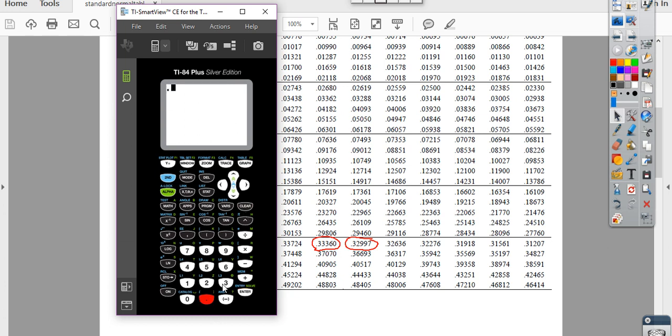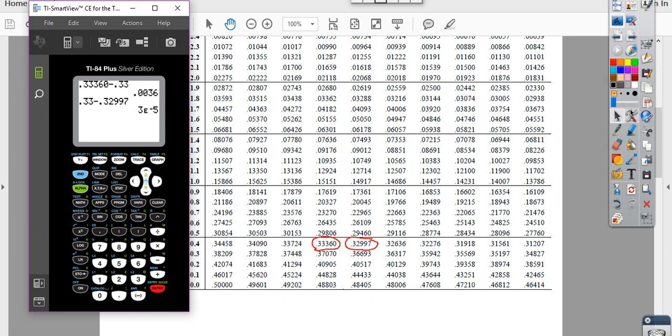I say, okay, I've got 0.3336 minus 0.33. That guy is 0.0036 away. Make sure I typed everything in right. Yep. And then if I did 0.33 minus 0.32997, now we've got to translate what that means, because that is scientific notation, but that's okay.